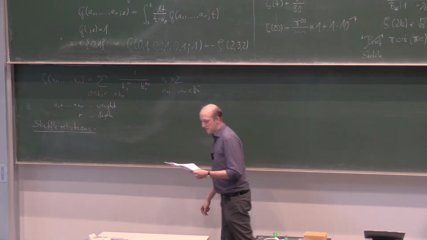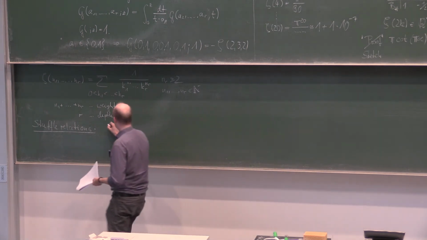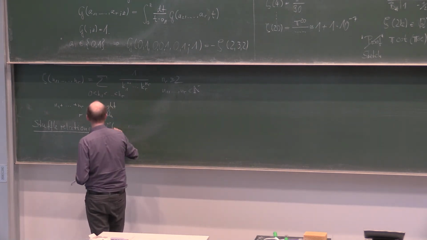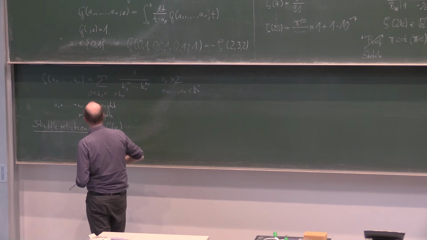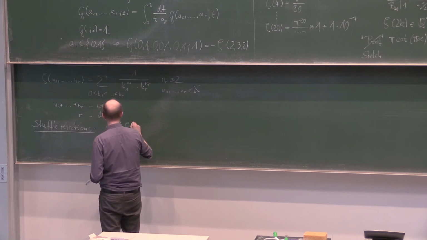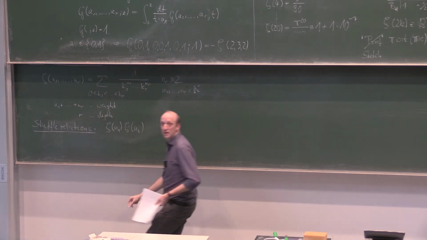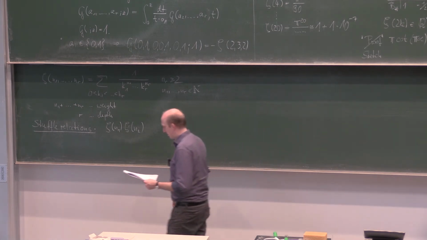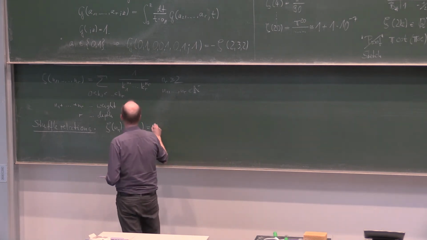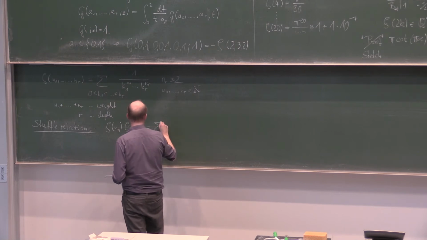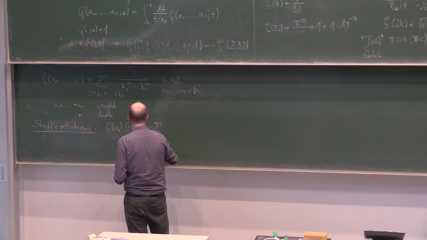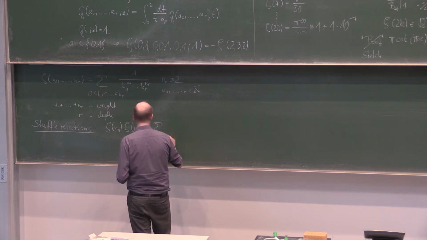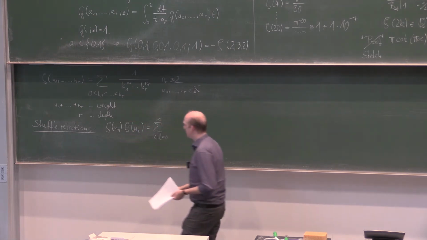So let us consider two zeta values which are single zeta values. So we take zeta of n1 times zeta of n2. Writing this as a sum, we can write it as the sum over k and l, k and l equals 0 to infinity.